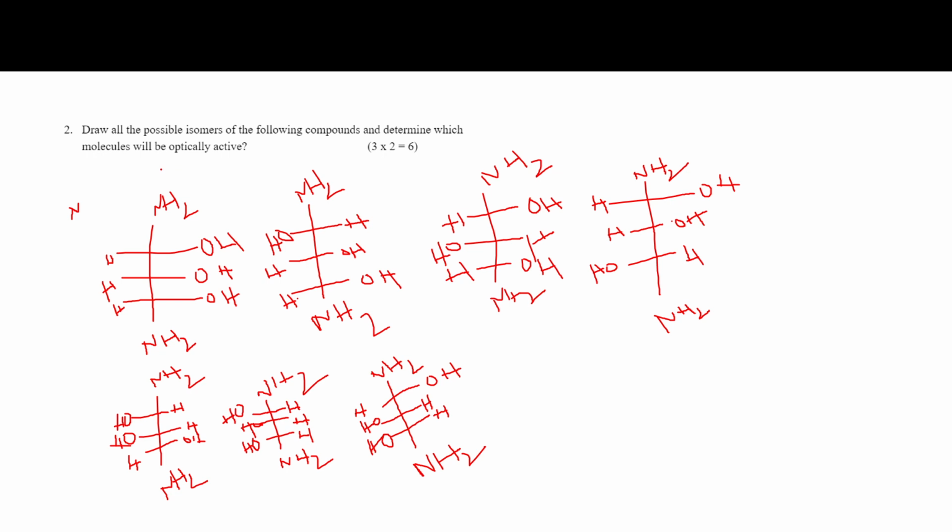Now to show which one is optically active: optically active means there should not be any sigma plane passing through. So from this there will be a sigma plane here.